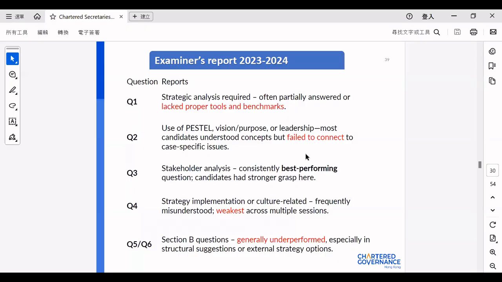The problem is that it's quite abstract, and many candidates do not see that it's a cultural problem and could not discuss it in depth. So when you prepare your case study, you have to look at the cultural issues and what the culture is in that company.